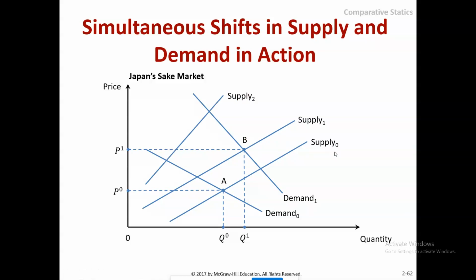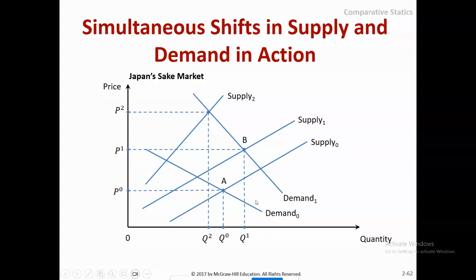Alternatively, if supply decreases more dramatically from S0 to supply 2, and demand is the same, increasing at demand 1, then in this situation price also increases, but quantity decreases.